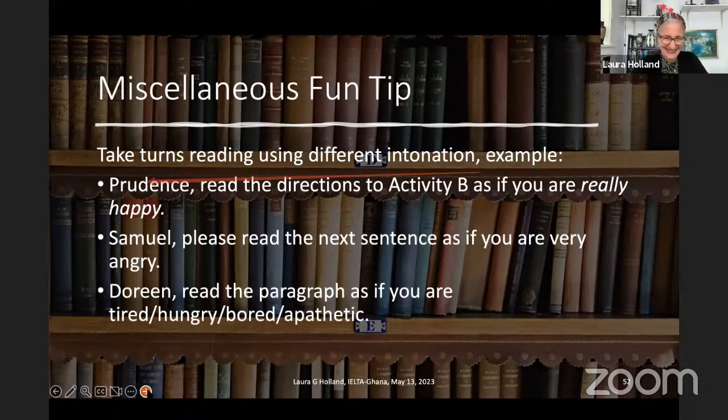Or Doreen, read the paragraph as if you are tired or hungry or bored or apathetic. And so suddenly they're not thinking about their mistakes or reading or their ability. They're trying to just get into the role play of it. And it adds this element of fun. I started doing this several years ago, and it just makes them laugh. Whenever I can get my students to laugh in a good way, I feel that's useful.